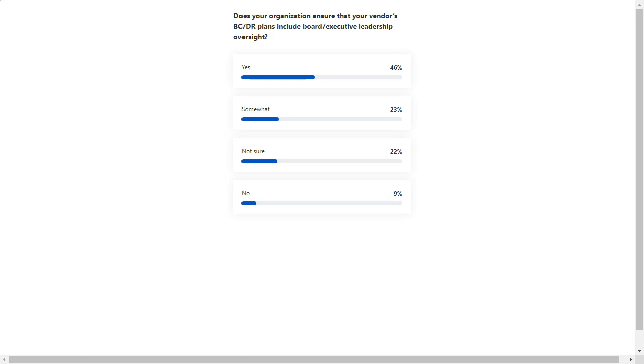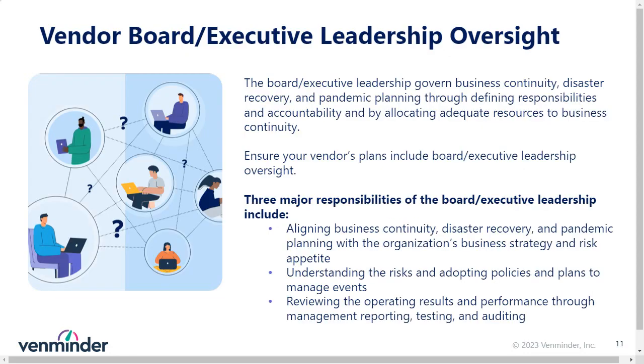All right, so now let's discuss board and senior management oversight in business continuity management. Your vendor's board and senior management team should govern the entire business continuity, disaster recovery, and pandemic planning process by defining responsibilities and accountability and allocating adequate resources to business continuity. Therefore, ensure your vendor's plans include board oversight.